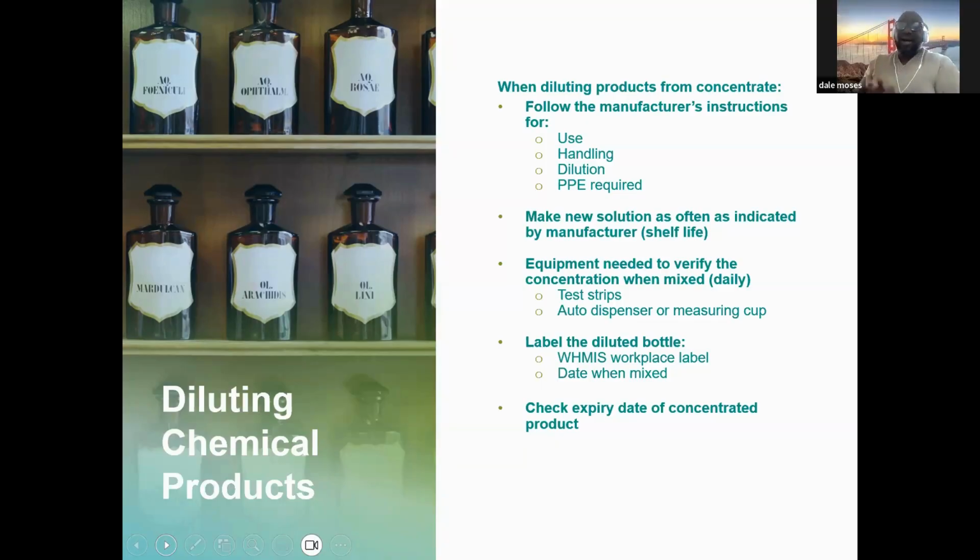As I said already, shelf life is a big issue when dealing with diluted chemicals. You want to ensure that once it's diluted, this chemical can be used for however long you need it to be used. So again, chlorine bleach, that household bleach that you use maybe to put in a spray bottle with water. I've seen in many places people try to use it day after day after day in the same spray bottle.